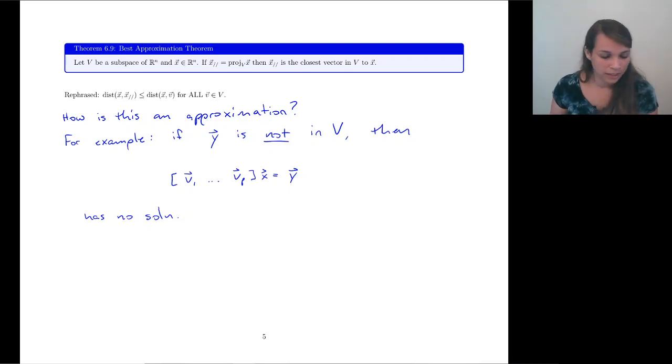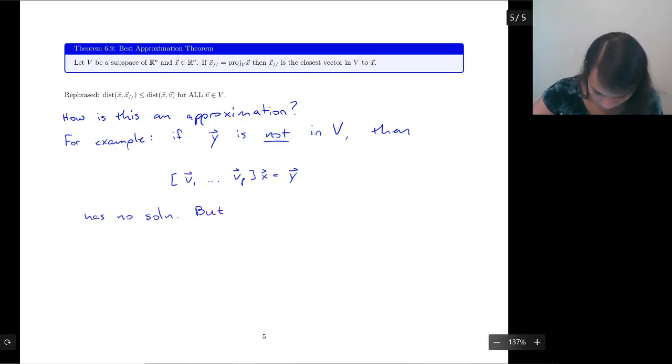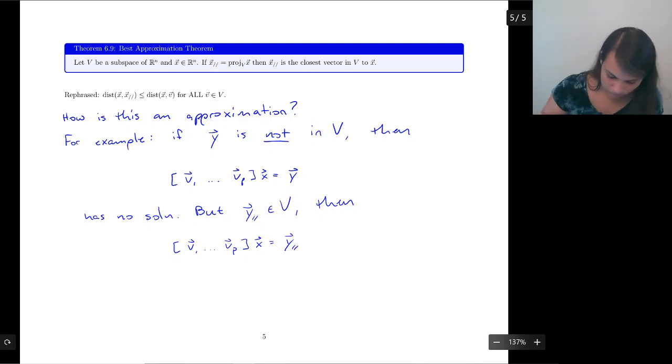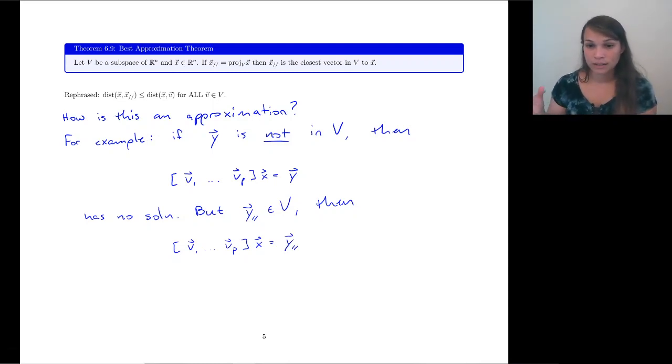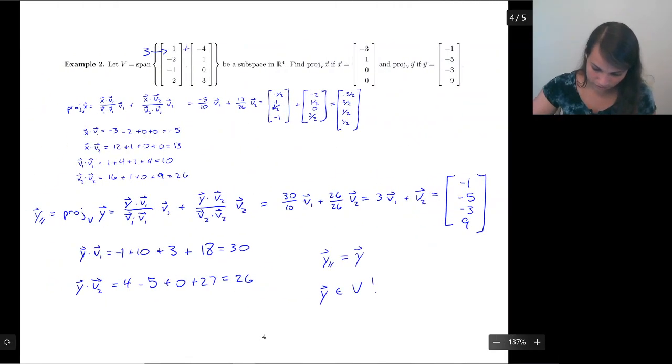Well, that's really boring. We don't like when things don't have solutions. So what we know is that y parallel will be in V. So then instead of having y on the right-hand side of our equation, we're going to have y parallel. So y parallel can be expressed as a linear combination of those v's. We just saw it happen. We used projections and real quick, see?